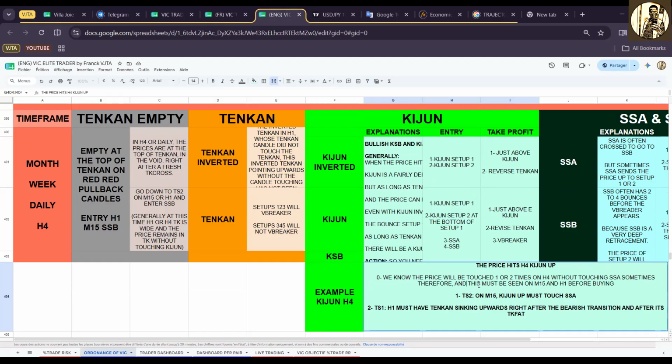And this must be seen on 15 minutes before buying. So what must you see on 15 minutes when Kijun is touched? You need to go on 15 minutes and see Kijun SSA cost.